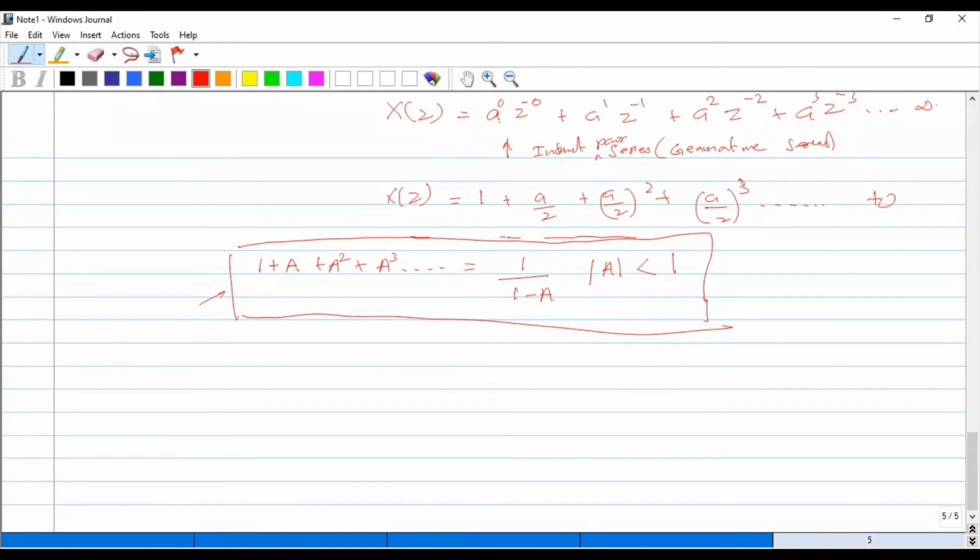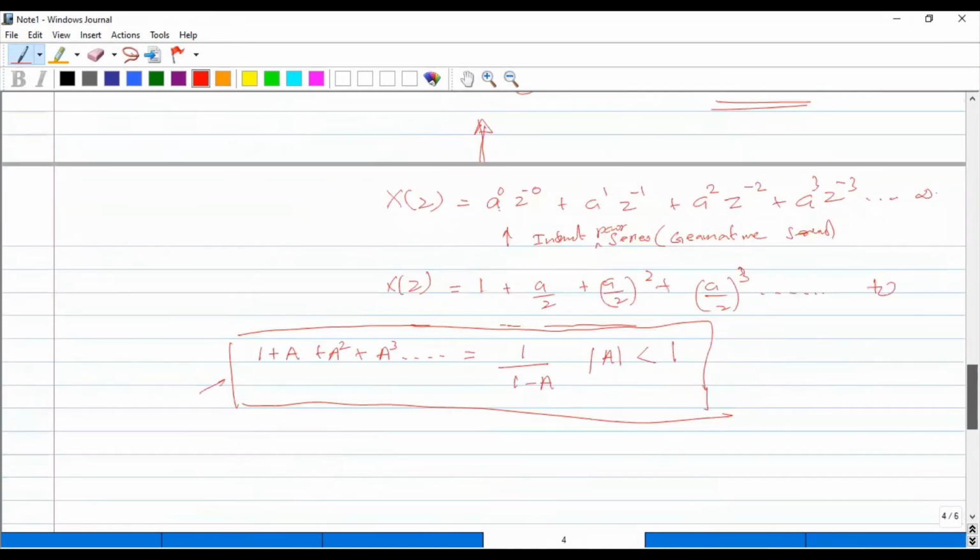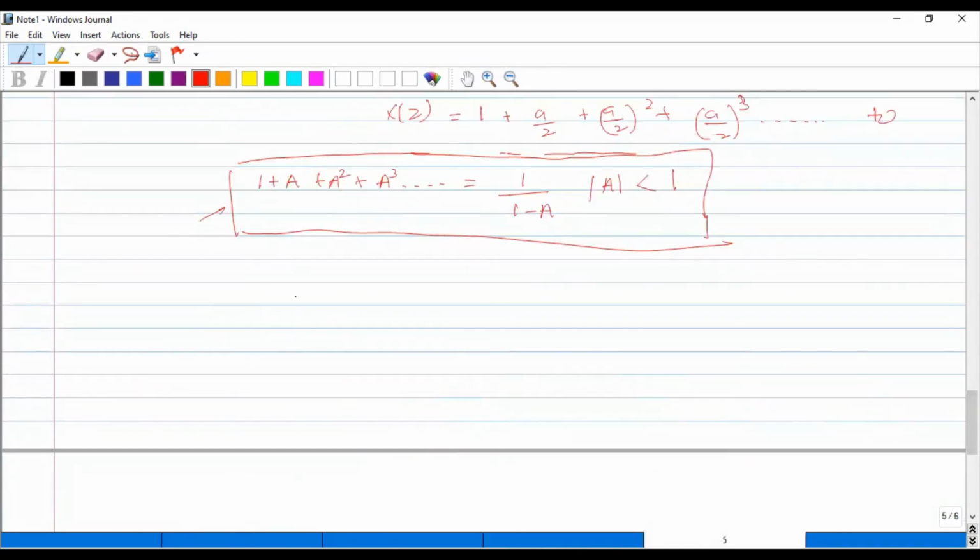So I write it as X(z). Instead of this a, it is a by z.